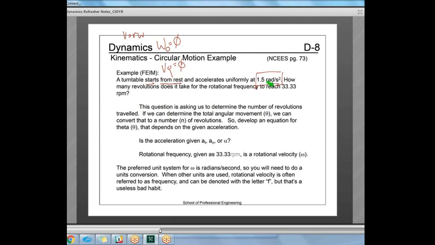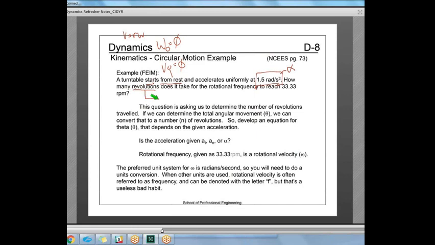What am I going to label this number? It's an acceleration. Alpha, there you go. Looking at the units, I can tell that this particular acceleration is a rotational acceleration, alpha. Very good. And that's simply based on its units.